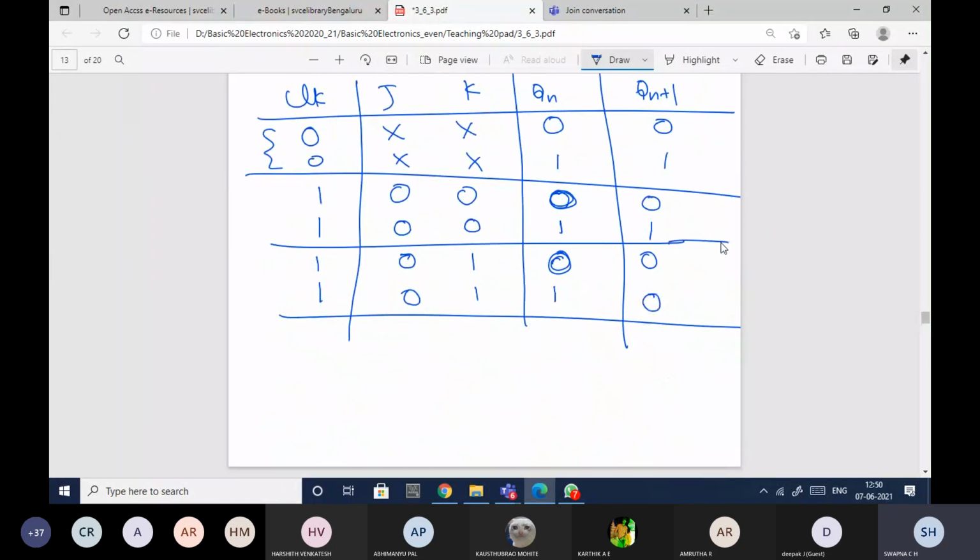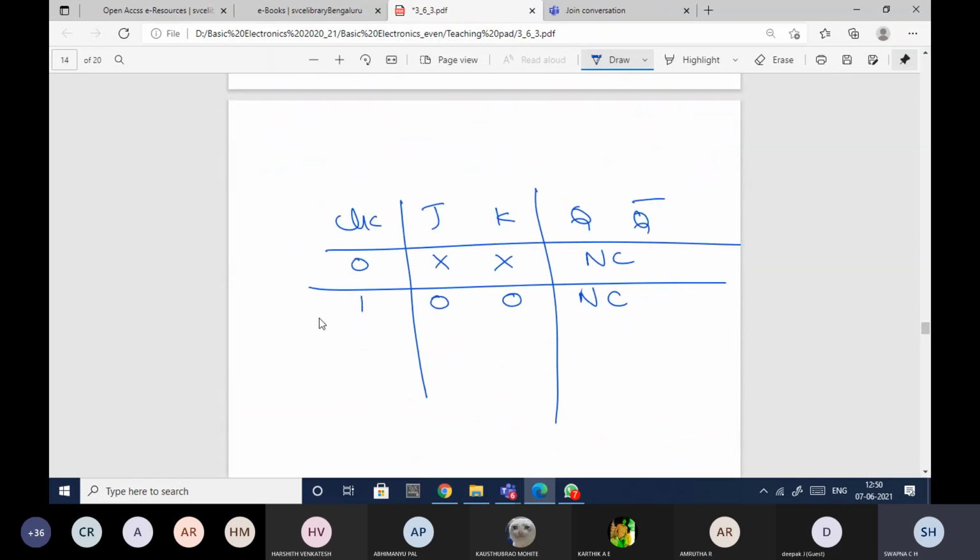Okay, so again in the short truth table, see, clock is 1. Yes, J value is 1, K value is 1. Whatever might be the present state, your next state is always equal to 0. Here no change. Here and here no change. And this is 0. Okay, so the same thing I'll write here. When clock is equal to 1, J is equal to 0 and K is equal to 1, the output is 0.